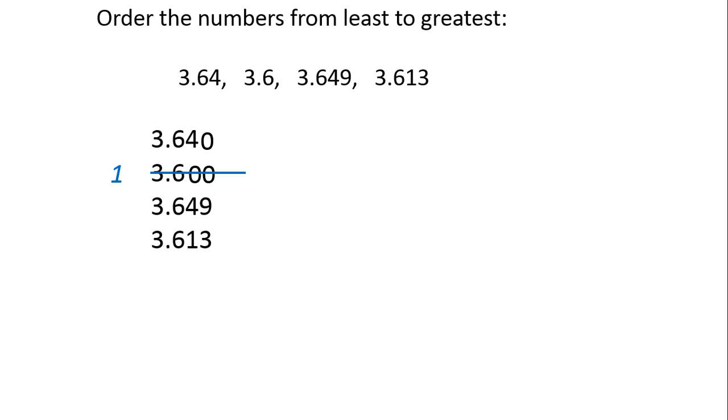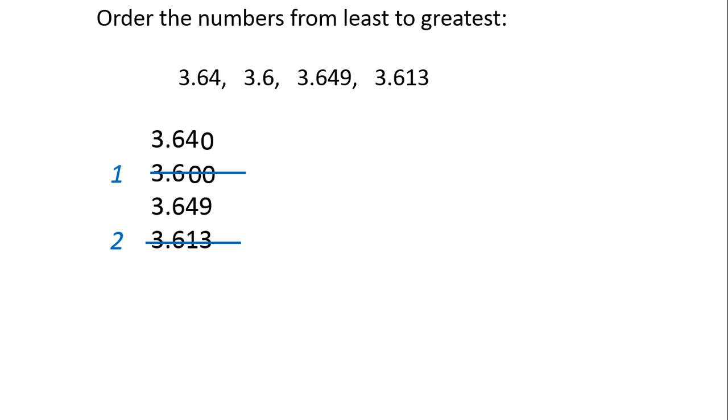Now we're still comparing. Look at that hundredths place. We have in the 3 640/1000ths, there's 4 hundredths. And then there's also 4 hundredths in the 3 649/1000ths, but there's only 1 hundredth in the very last number, 3 613/1000ths. So it has got to be the second smallest number. Cross it off.